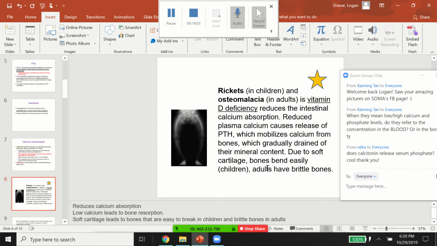So that's where the disease process comes from, mainly because of that PTH and not enough vitamin D. But the main thing to remember is that it's a vitamin D deficiency. And that's what it looks like and what the mechanism of PTH would be behind the scenes, essentially. It sums it up pretty well in here. But if you ever have any questions about it, just let me know.